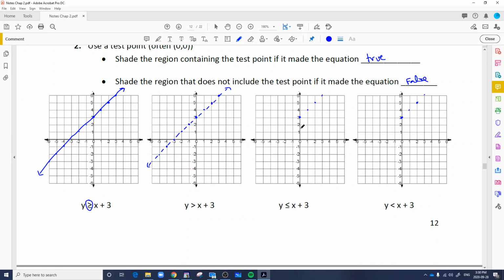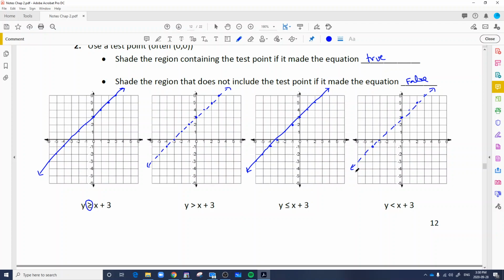This one's equal to, so we're going to do our solid line. And this one is not equal to, so we're going to draw our dashed line. So it's still a boundary, but the points on it will not make my inequality true.